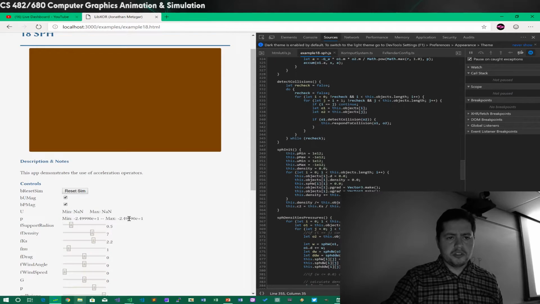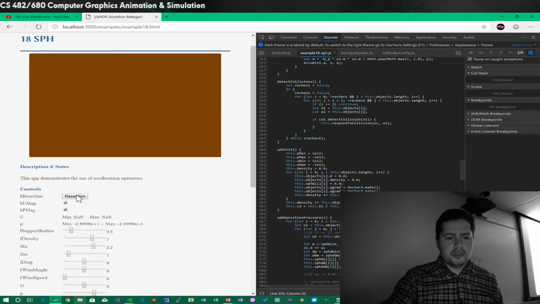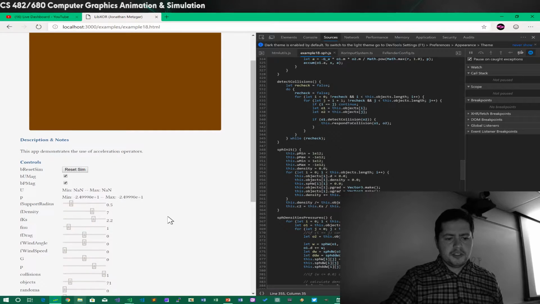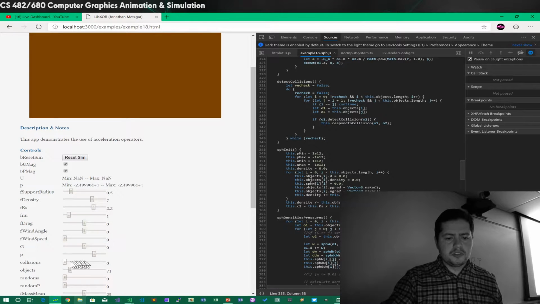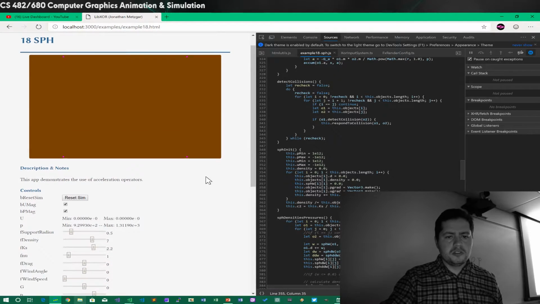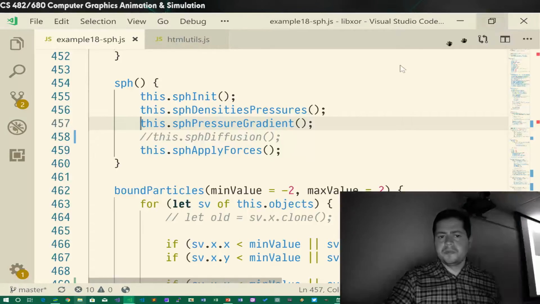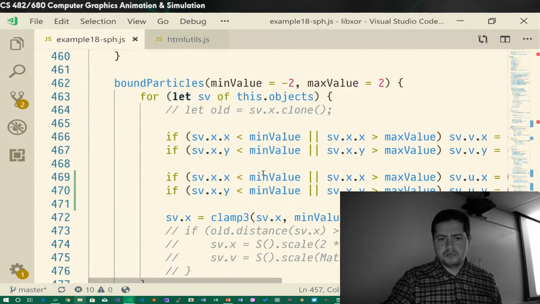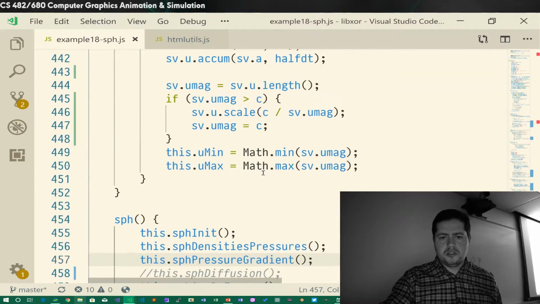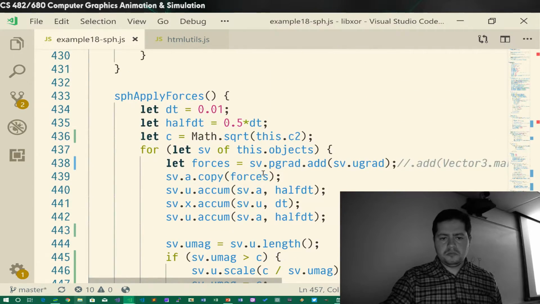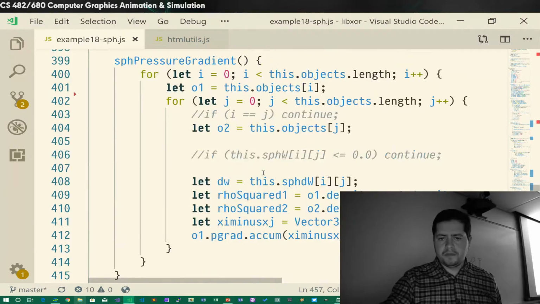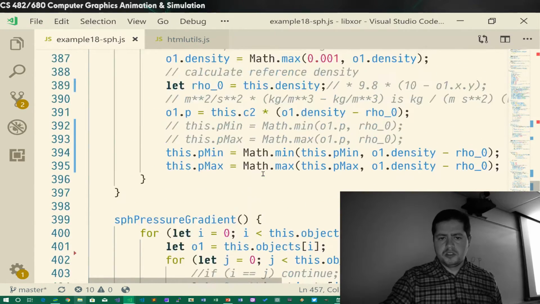Let's turn on the collisions. Collisions sometimes cause issues. Oh, because we're adjusting the velocity v. Okay, so over here we were measuring... okay.